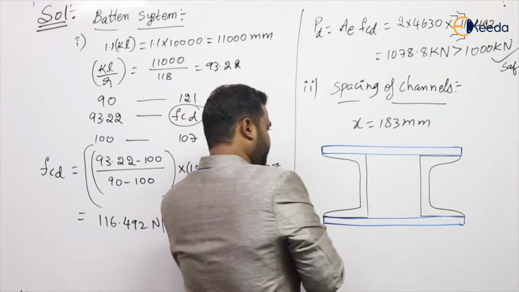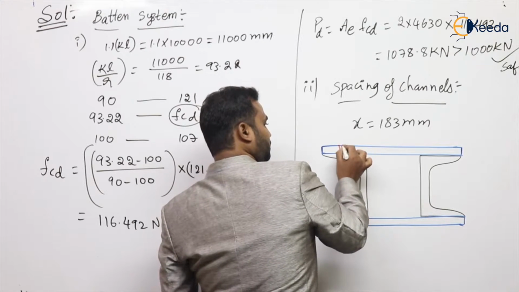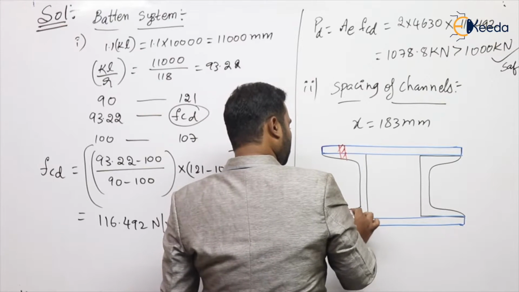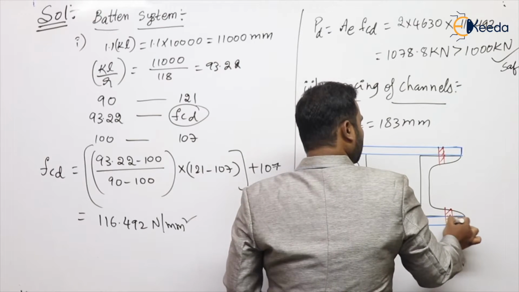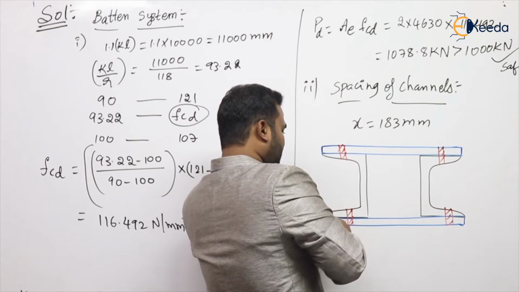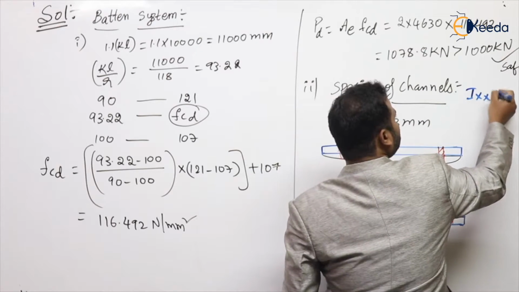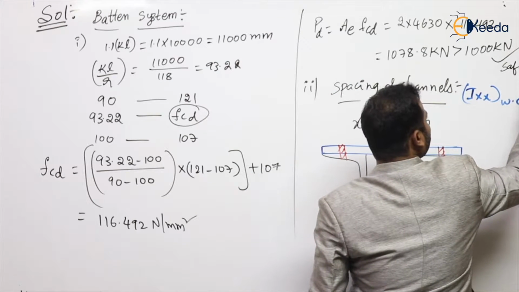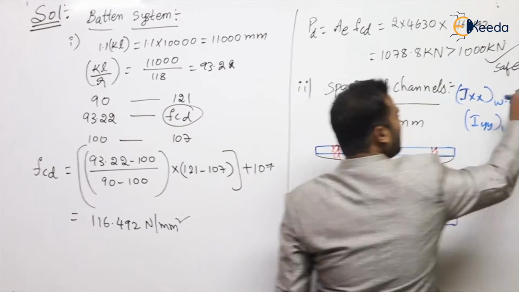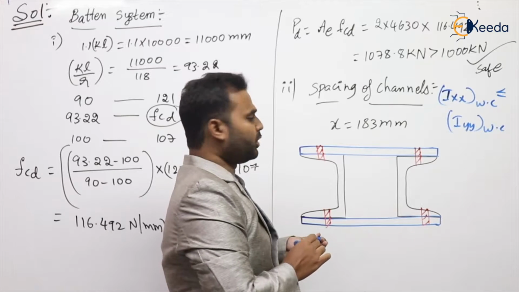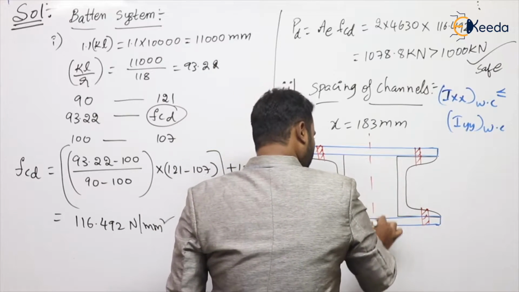Basically, I will mention the condition, but the calculation I am not going to repeat. The condition for spacing of the channels is Ixx of the whole column should be less than or equal to Iyy of the whole column. The calculations are one and the same, but the diagram is very much required.